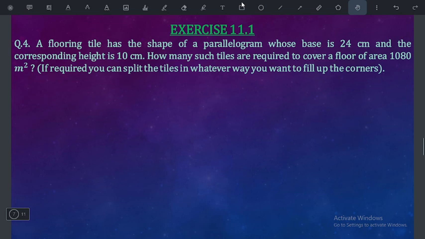And if you don't understand question 4, then also comment down that you don't understand it, and then I will make another video for question 4.